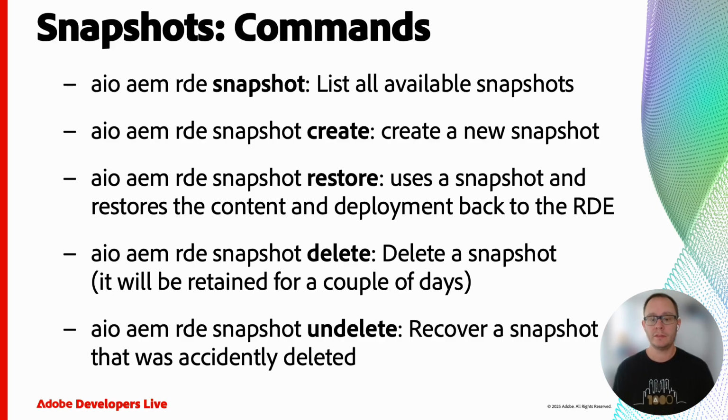And that's why we have the delete snapshot command, which will change the state from available to deleted. So you can always go back and undelete it. With the next command, you can recover a snapshot that was accidentally deleted and make it available again. Snapshots that are in a deleted state will remain on the disk for 7 days, and only after 7 days will they be wiped.